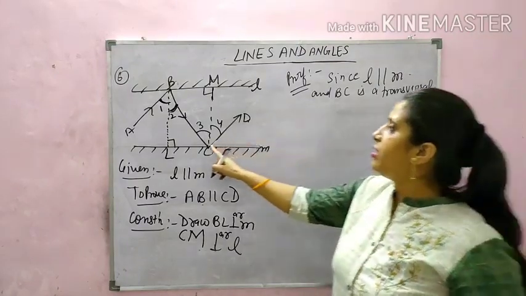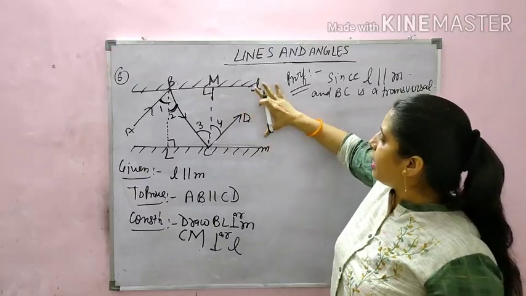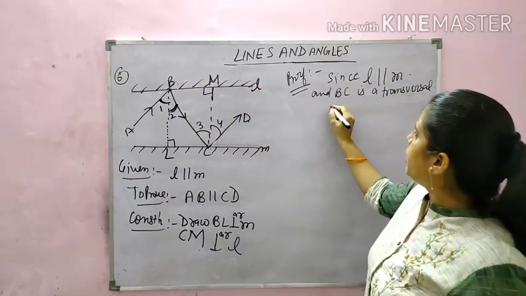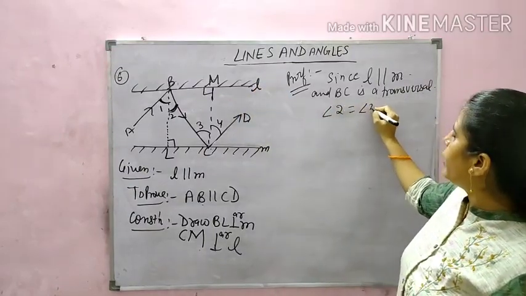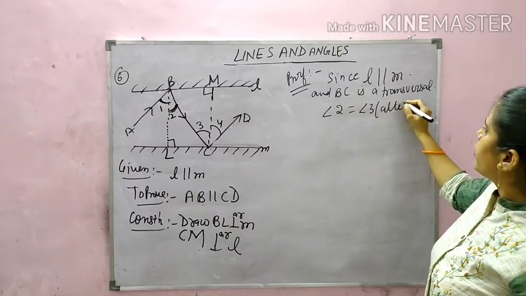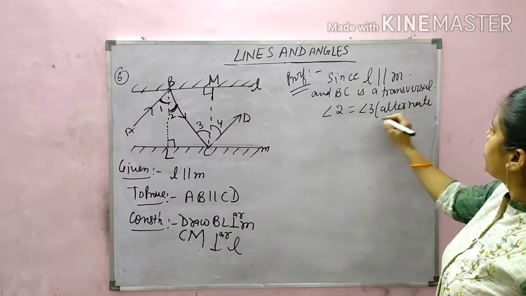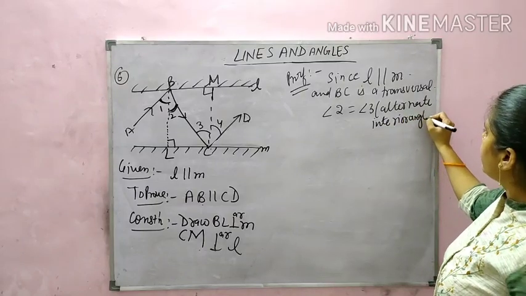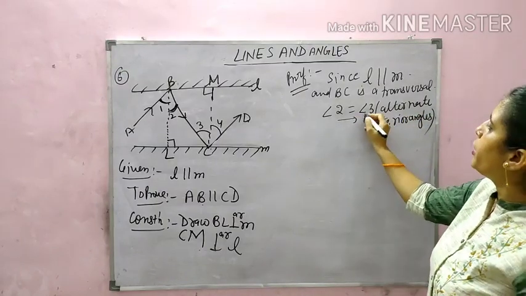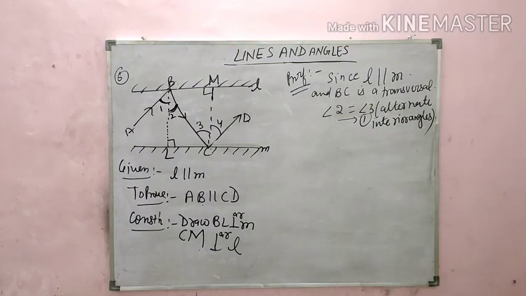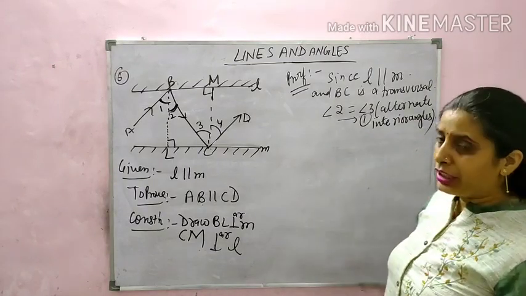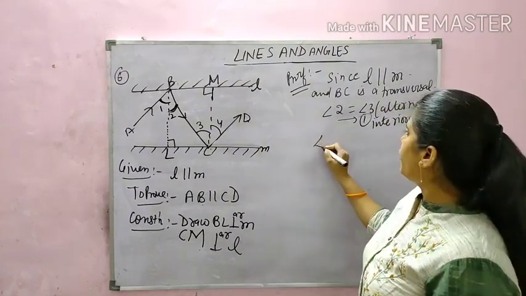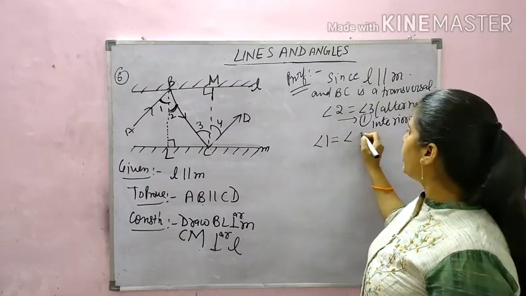Now if BC is a transversal and these are two parallel mirrors, it means angle 2 equal to angle 3, which is alternate interior angles. This is your equation number 1. Now see, according to law of reflection, angle of incidence, angle 1 equal to angle 2.